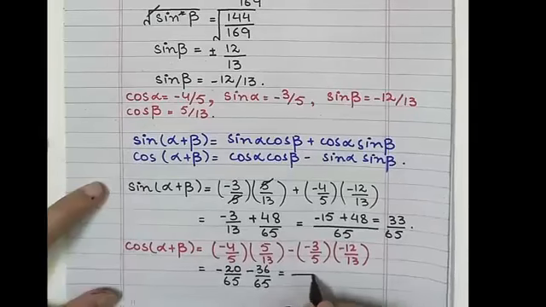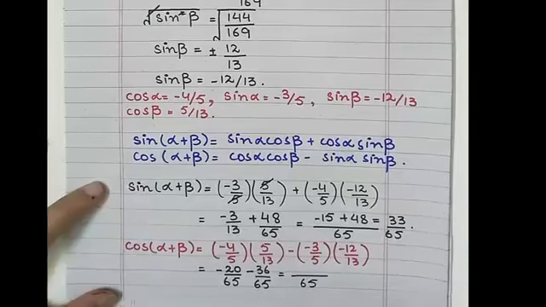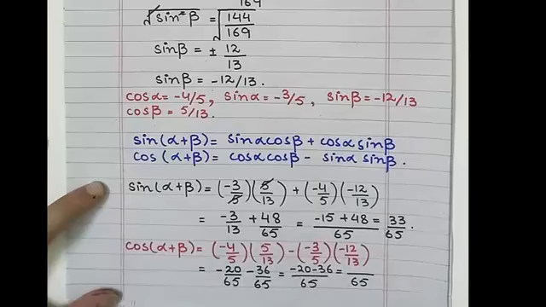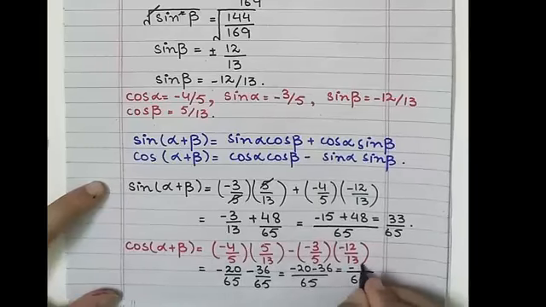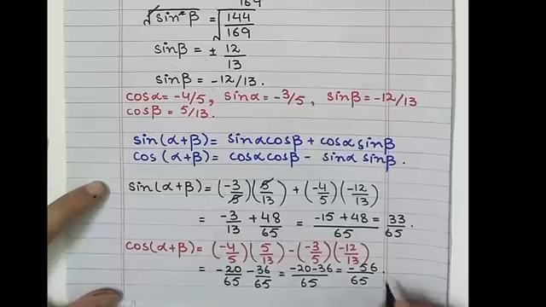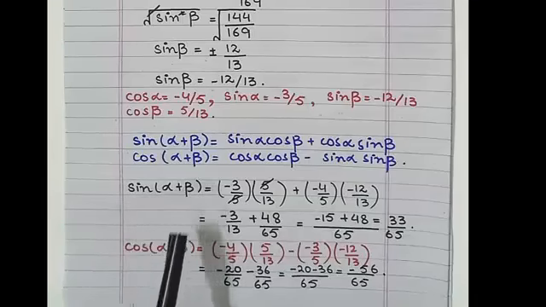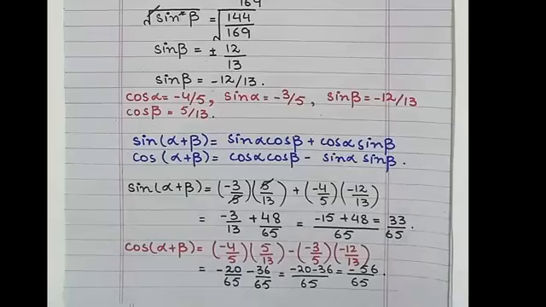So taking LCM, which is 65, minus 20 and minus 36, which is equal to minus 56. So this is the value for cos alpha plus beta, minus 56 over 65, and the value of sin alpha plus beta is 33 over 65.